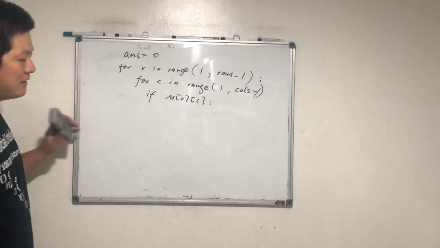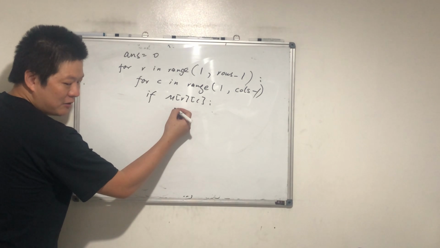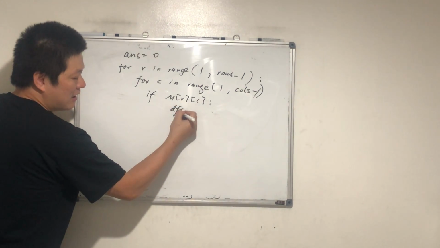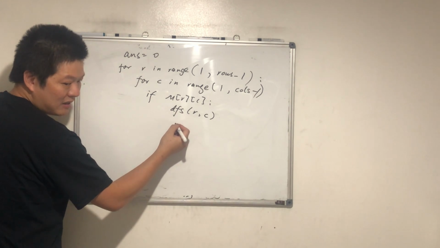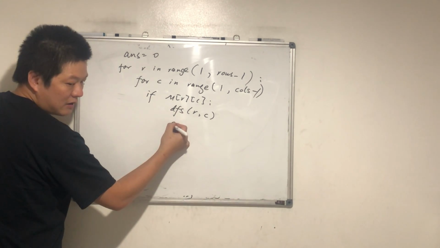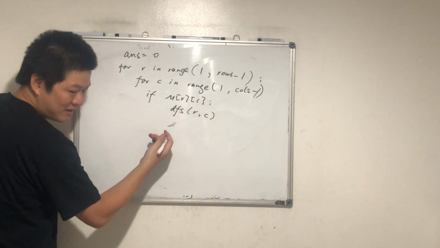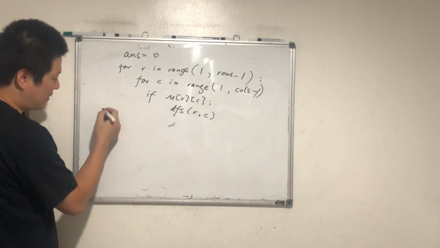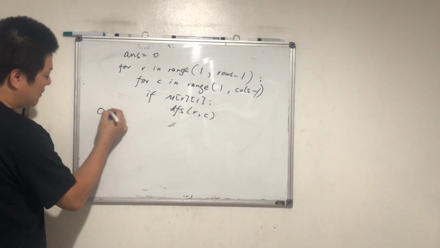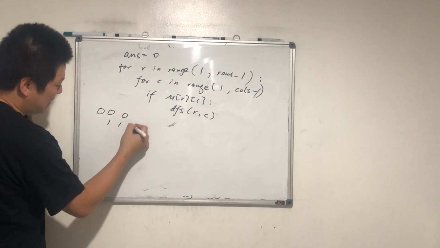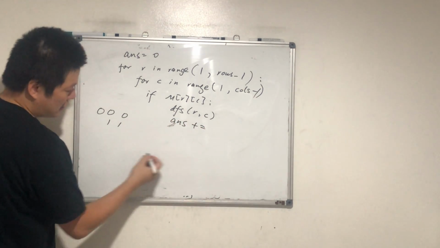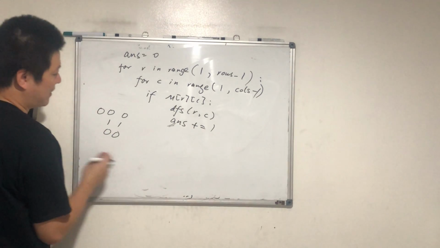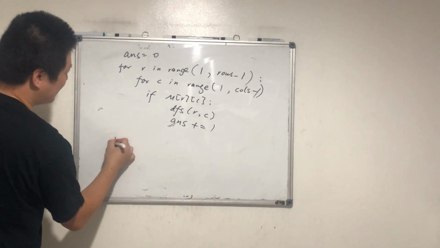We call the depth first search, and then we need to increment the answer. If it's 1, answer plus 1. And then we just need to return the answer.